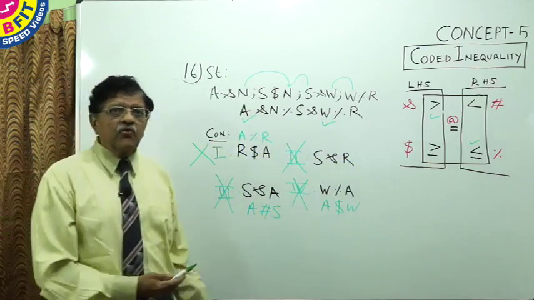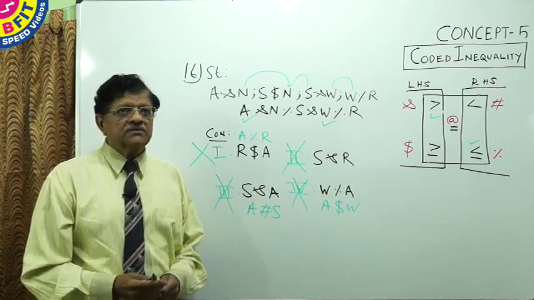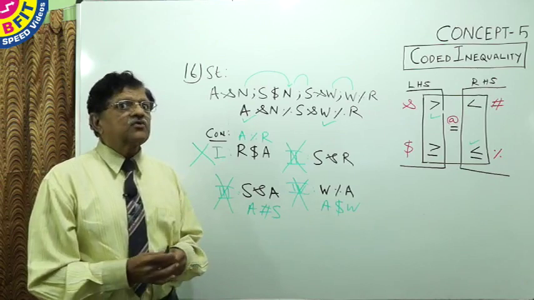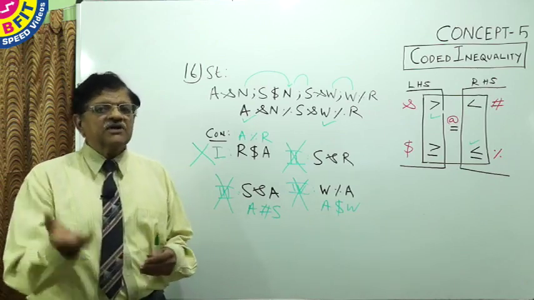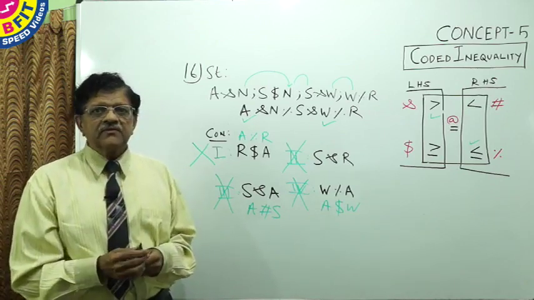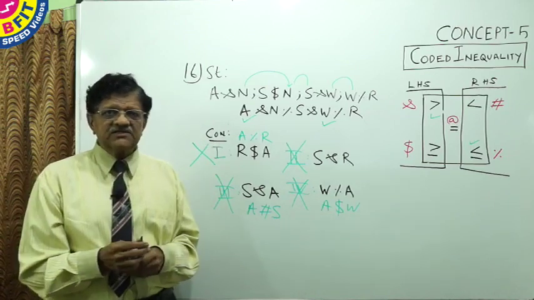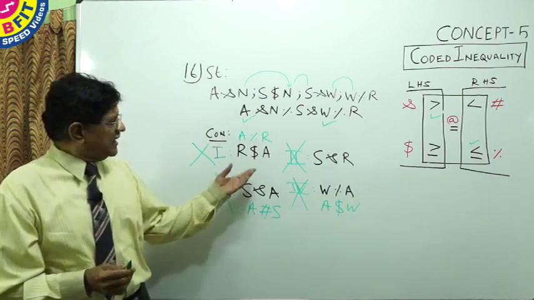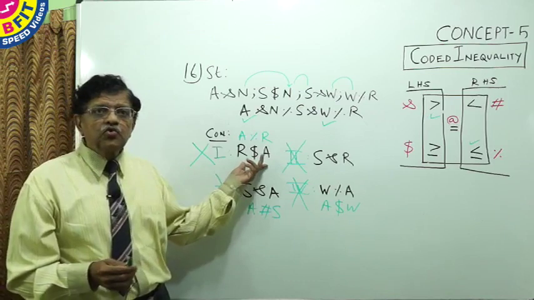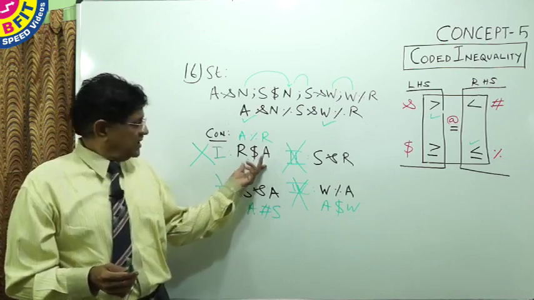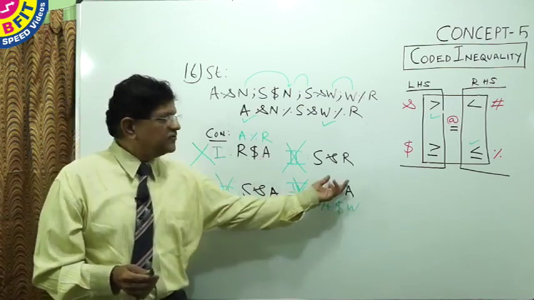Therefore all the 4 conclusions are wrong. Since all the 4 conclusions are wrong, we may have to check for a complementary pair, which we have seen in the concept of syllogism itself. There is no complementary pair because no 2 conclusions have the same elements.